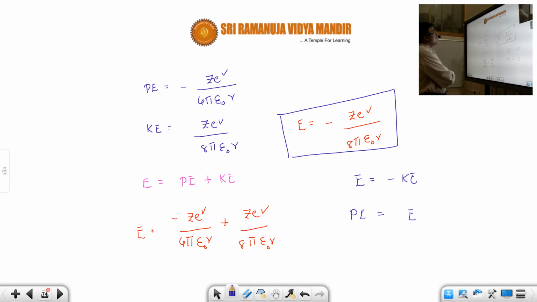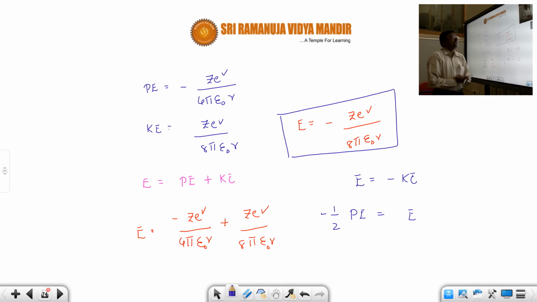How many times? So you can see here, E is equal to minus half P, you can write. So that is the basic relation between potential energy and energy, and I hope you are very clear about this.